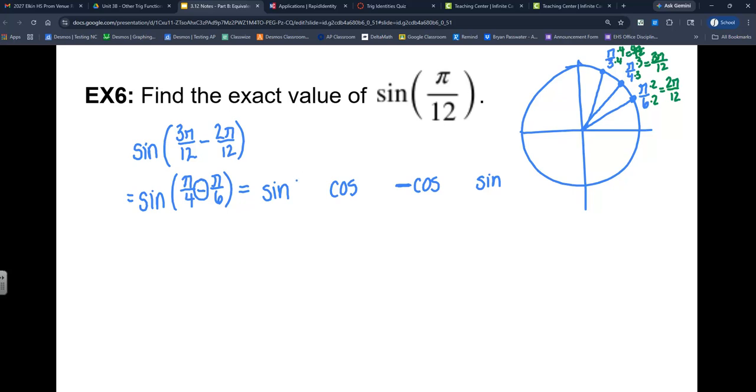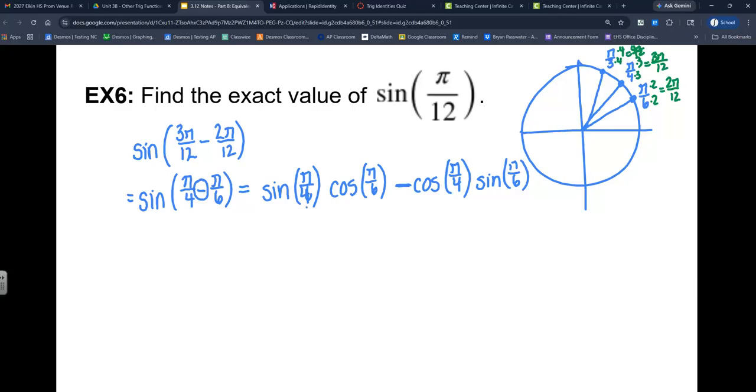And then just use pi over 4, pi over 6, pi over 4, pi over 6. And so from here, you're using unit circle values.